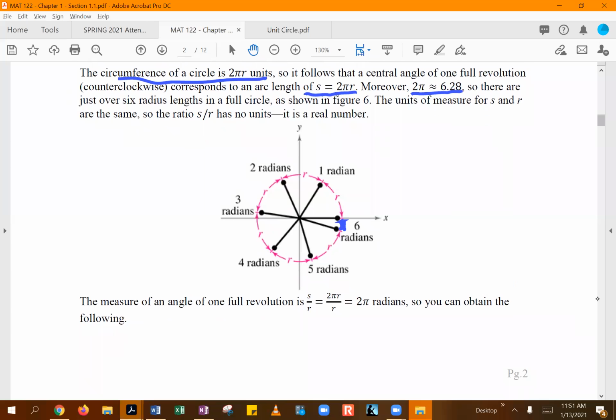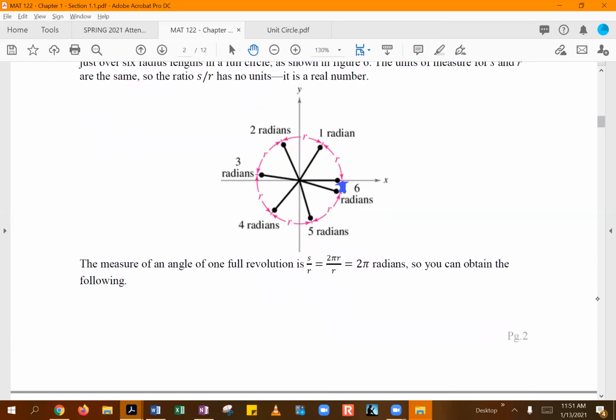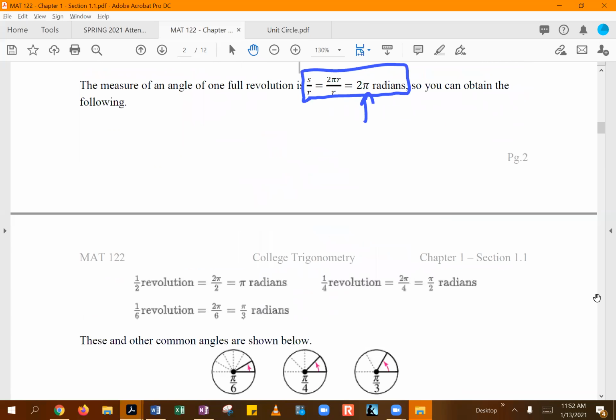So basically they are saying, if you talk about finding these angle measurements, your full circle, that full rotation that you go through, you can actually define that angle as 2 pi. So, we talk about 360 degrees in terms of degrees. So in radians, a full circle is going to have an angle measurement of 2 pi.